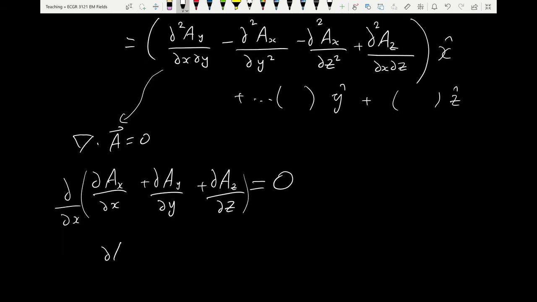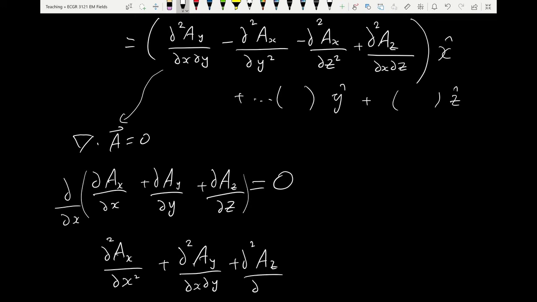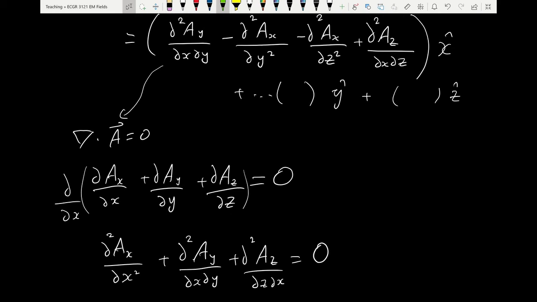So I end up with ∂²Ax/∂x² + ∂²Ay/∂x∂y + ∂²Az/∂z∂x = 0. All right. Notice those two expressions.